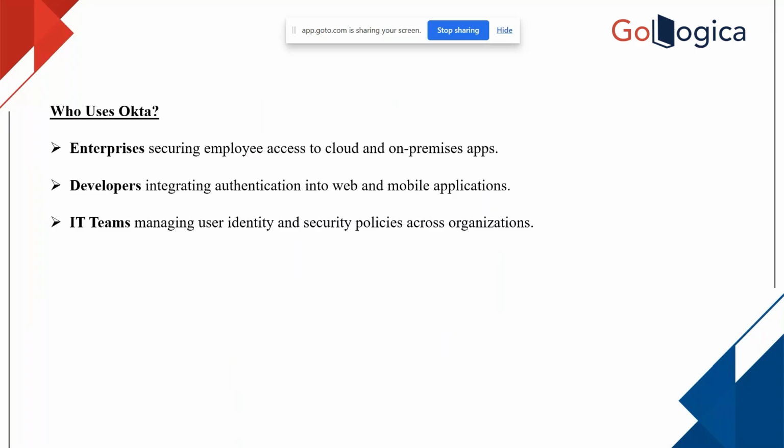The IT team prepares security boundaries and policies accordingly, as users may be internal or external, accessing Okta or the organization's applications from in network or out network. So the IT team uses Okta to handle this situation. That's who uses Okta. These three groups majorly use Okta for seamless access and for preparing the infrastructure for their industry.